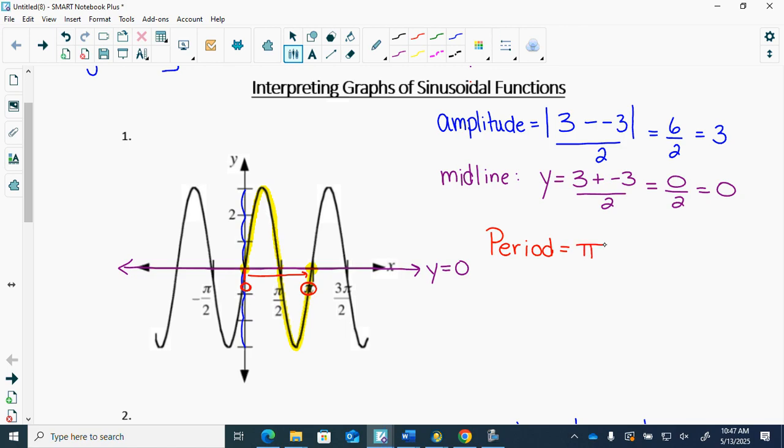All right? Because it took us from 0 to pi, so it repeated itself. So it's just the width, from here to here. And if I start at the y-axis, it's from 0 to there, so it's easier. If I started here, I'd have to go 3 pi over 2 minus pi over 2, which is a lot more work. All right?